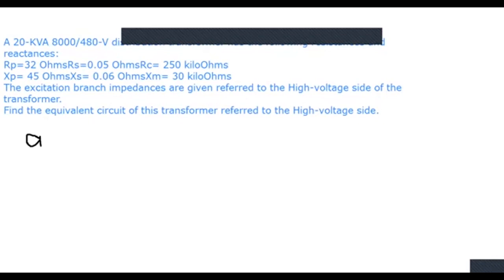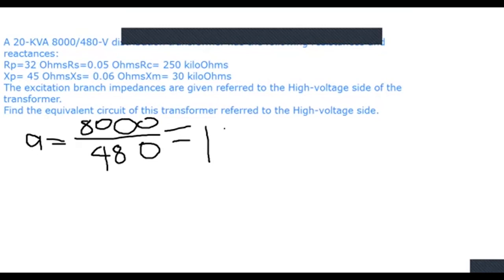So a is equal to 8000 over 480. We can get 16.67. This value is very important in determining the equivalent circuit of the transformer.